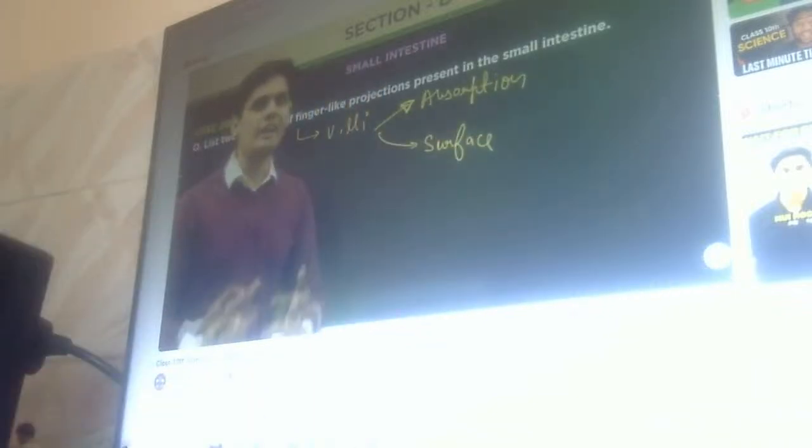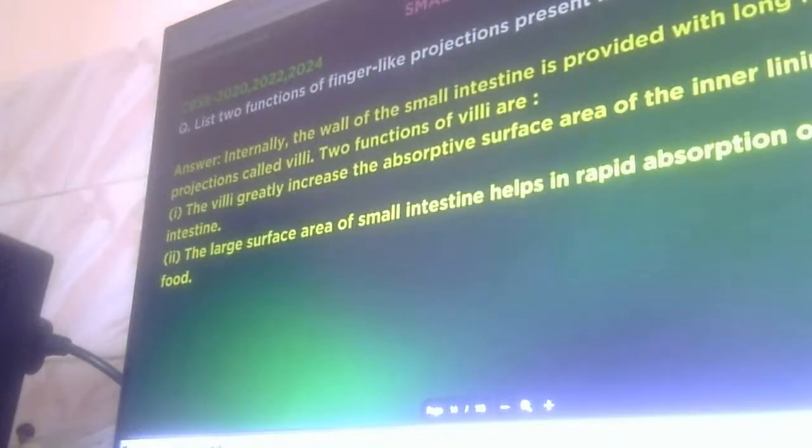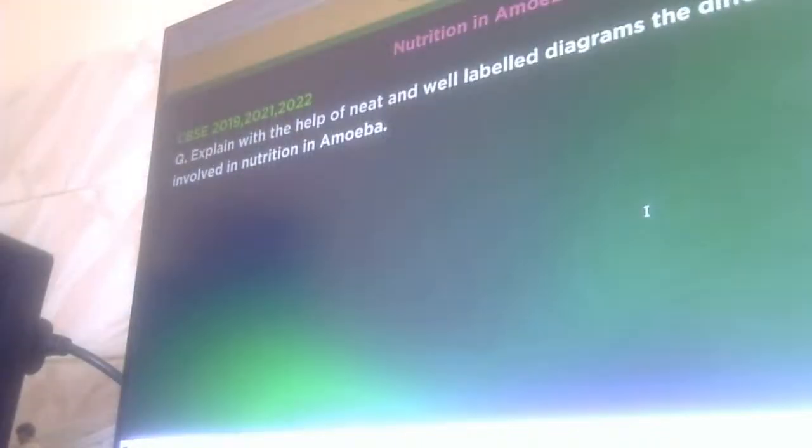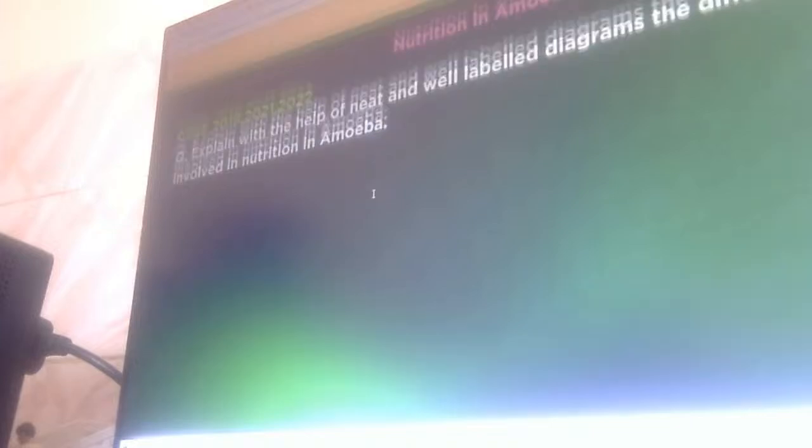In function. Oh, I hope this comes first. I am Amoeba. I am the most blessed person on earth.